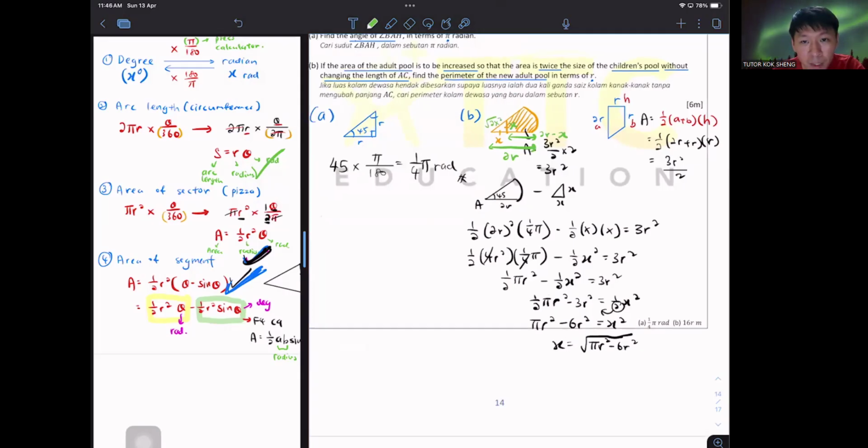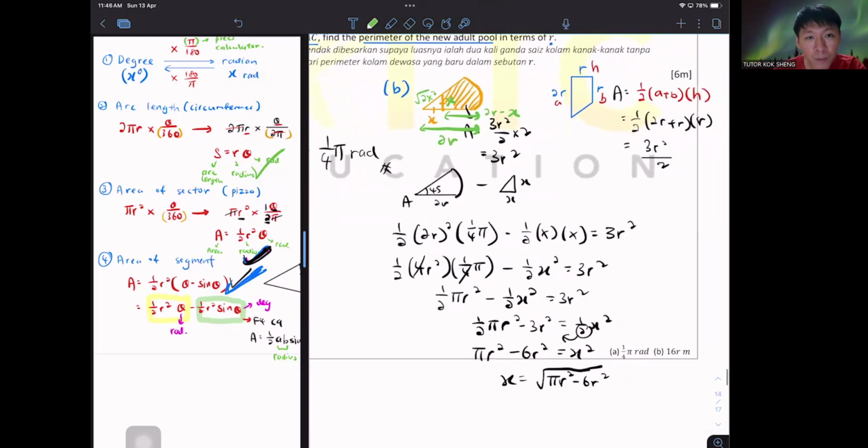Let me make it bigger first. Pythagoras theorem, yes. I write the working here: x squared plus x squared, square root, to get this. So now this part here will be 2r minus the square root of 2x squared.